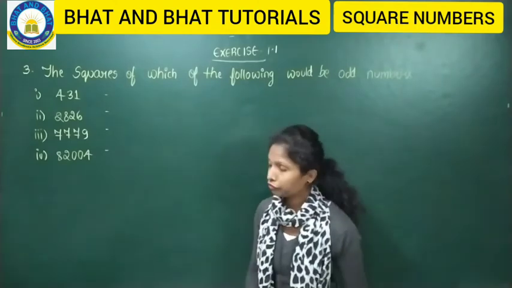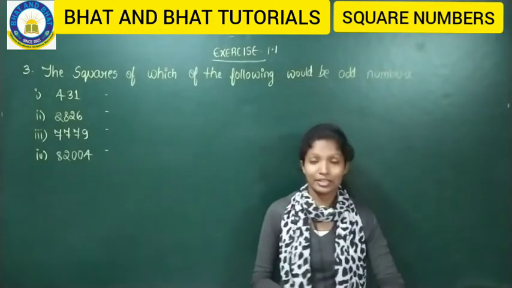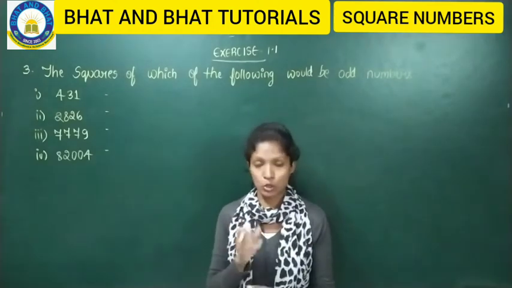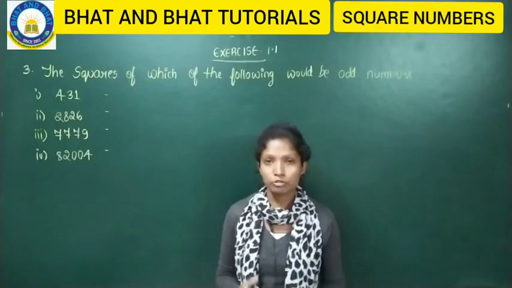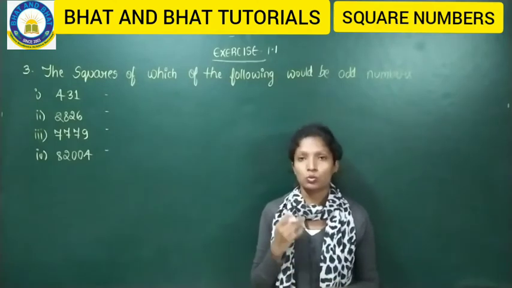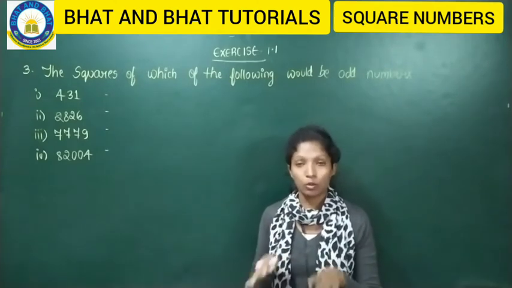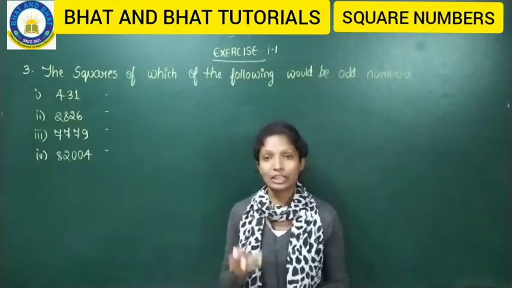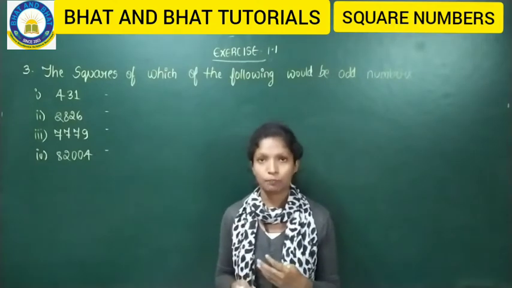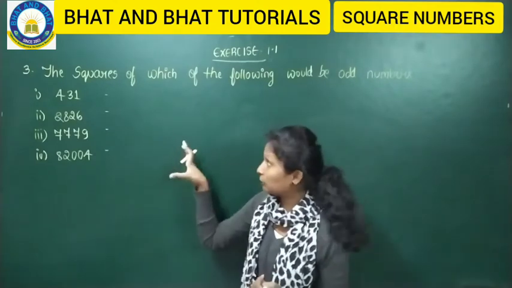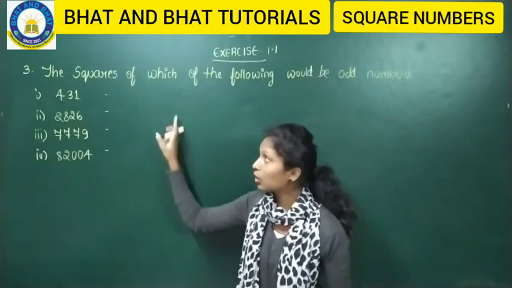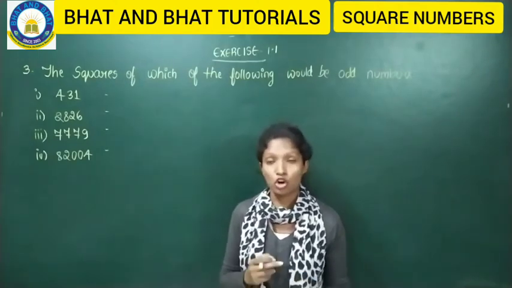As we have already studied the properties of squares, what is this property going to tell? The squares of the odd numbers are always odd and the squares of the even numbers are always even. With this property, it will be helpful for you to find out whether the numbers are odd or even.